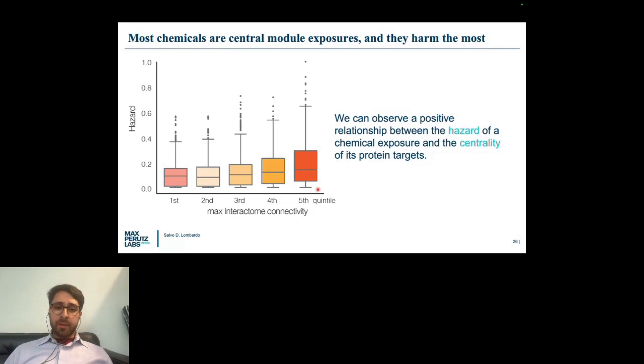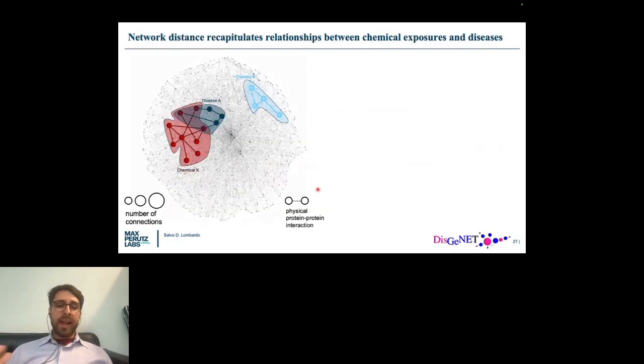What we did next was to correlate these exposures with diseases. I will be brief now, and go into more detail in a minute, just to explain the concept: we have a certain chemical X, and this chemical has several proteins that can be mapped in this protein-protein interaction network.